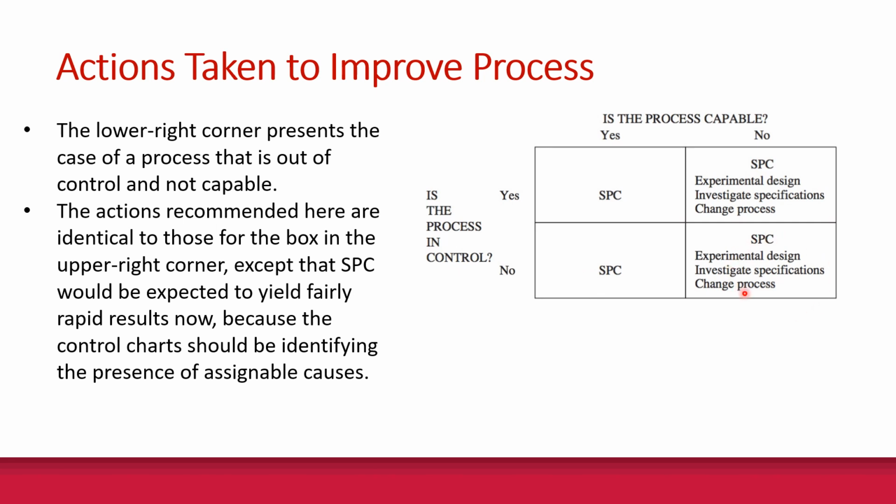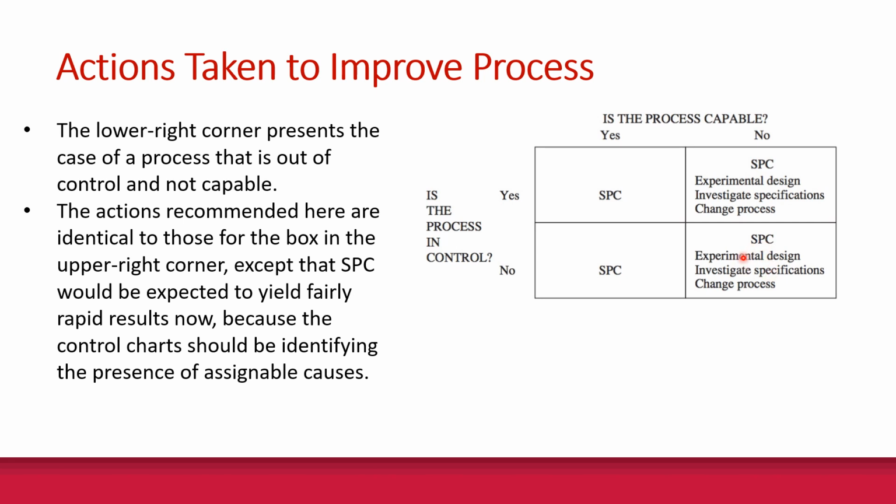The lower right-hand corner presents the worst case scenario, where the process is out of control and not capable. This is where you need to start. This is probably where you're starting to develop your control charts.